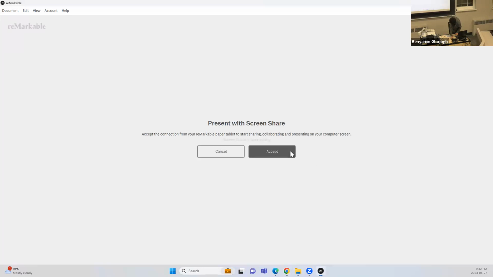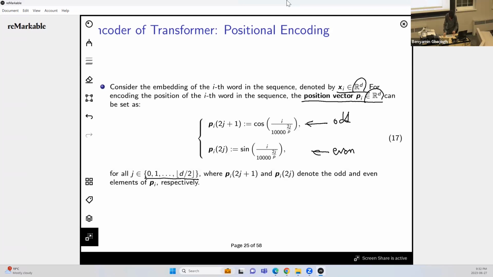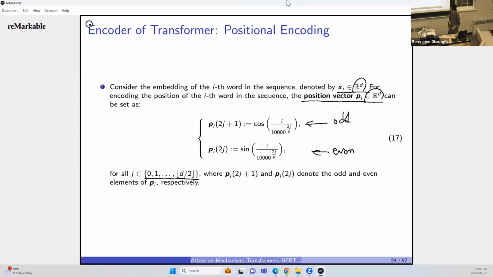Therefore, j goes from 0 to d over 2. And then 2j plus 1 are the odd elements, 2j are the even elements. I think it's obvious.